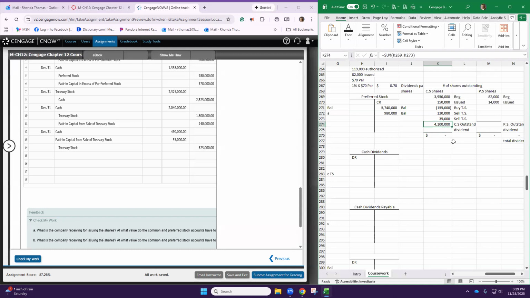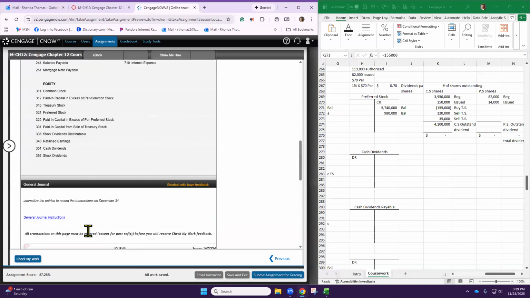And now we're back where we were, right? We bought treasury stock. We made a little extra money, paid in capital, 240,000, but then we lost some. Okay, now we're going to look at sending out dividends.